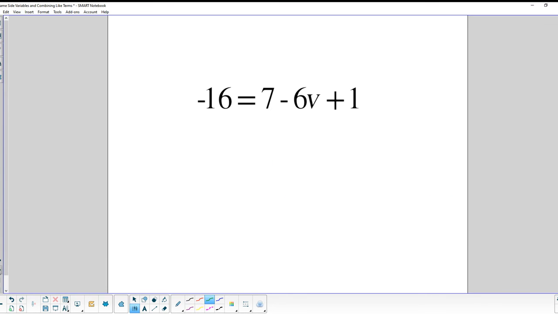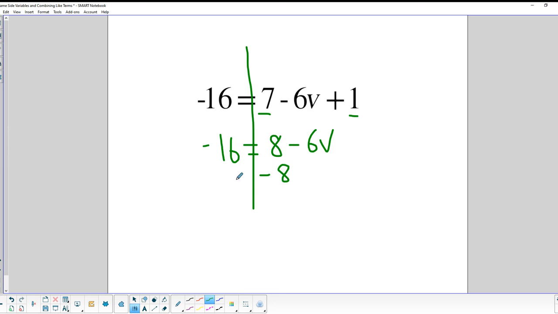For our last example, we've got kind of an interesting looking problem here. Got a Great Wall of China. We've got a 7 and a 1 on the right side that we can combine because they're the two constants. So we have 7 and 1, which combine to give us 8. We still have a minus 6b over there, and then all of that equals negative 16. Okay, so I subtract 8 from both sides.